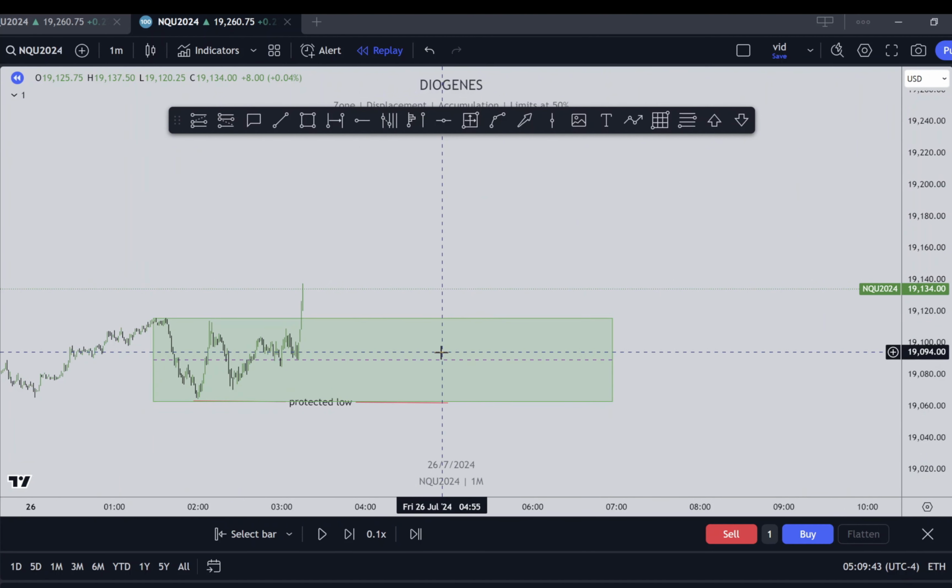As you can see, unfortunately, price just mitigated the 30% and went up. So since we closed above this, this is my new protected low. I will keep this zone highlighted because for me it's not mitigated yet.